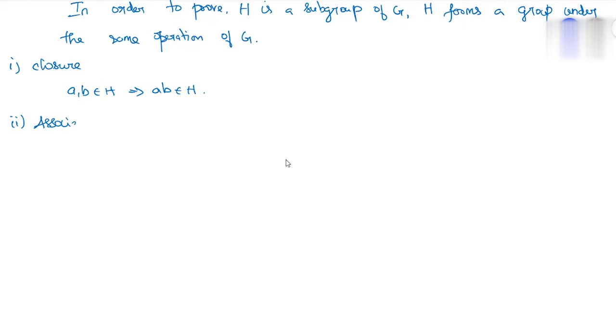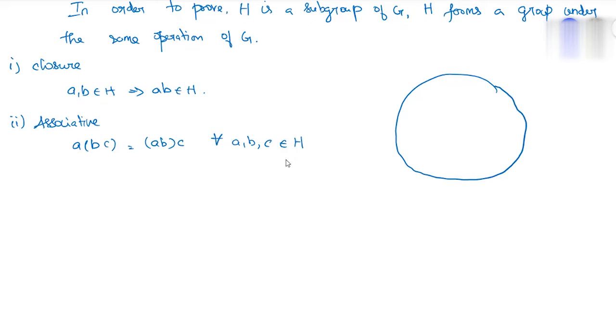We have to prove that (AB)C equals A(BC) for all A, B, C belongs to H. Now, this is true for all the elements in G. Suppose this is G, I have just drawn a circle, and inside is H.